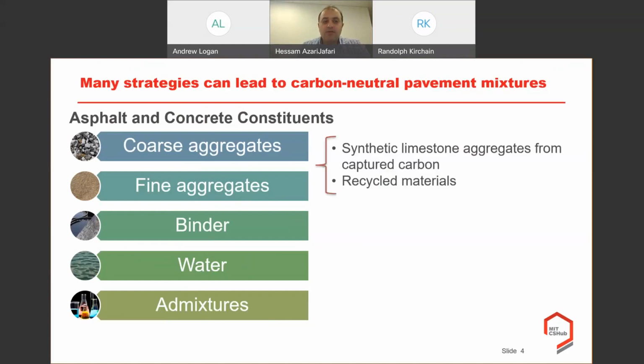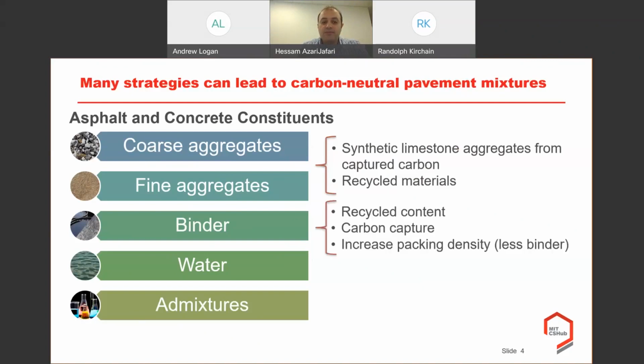For example, from the coarse and fine aggregates, we can produce synthetic aggregate to utilize the captured carbon permanently in the aggregates, or we can use recycled materials as a replacement of the virgin aggregate in order to avoid the GHG emissions related to the manufacturing of the aggregate.